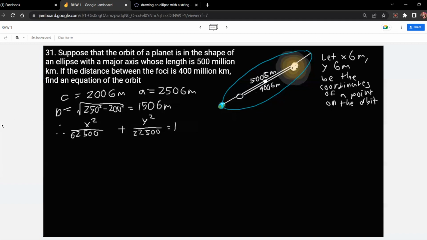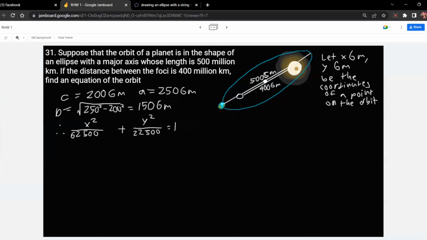Okay. So ngayon, pag ganyan, consistent na yung units mo. So unitless yung equation. Tapos pag hinihingi yung coordinates, X gigameters, Y gigameters. Okay. So, punta tayo sa next na question. So we're done with 31.